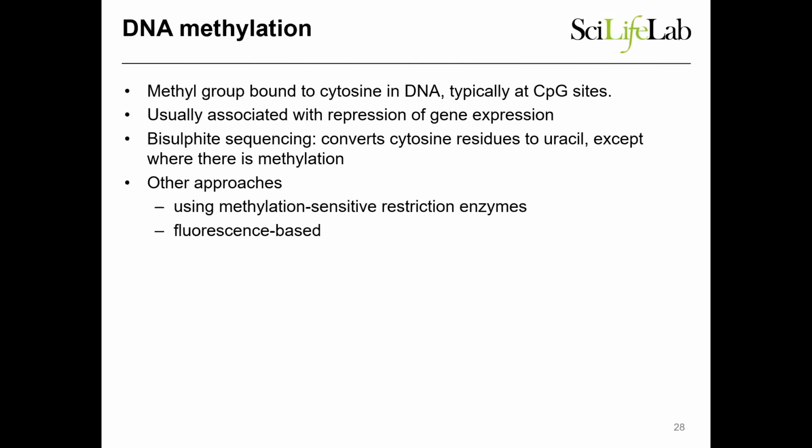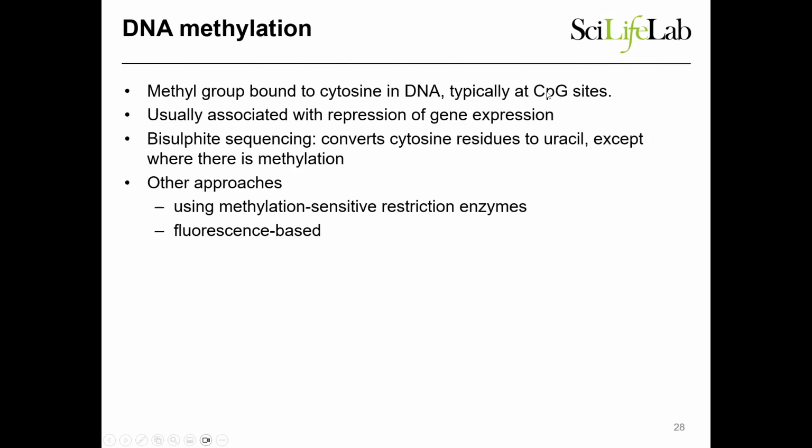Another thing which has been around for a long time, but is much harder, is single cell DNA methylation. DNA methylation is where you have a methyl group which binds to DNA, typically to a cytosine next to a guanine, so at these CpG sites.